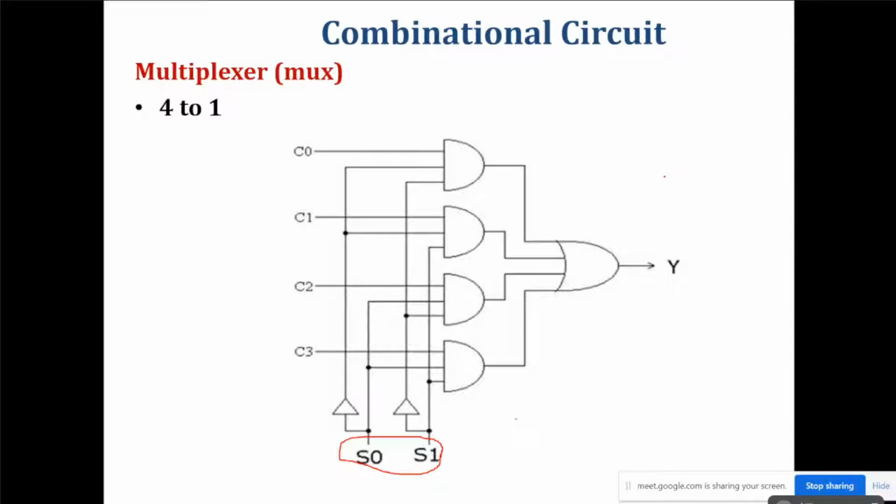The first is for S0 dash S1 dash, this one is for S0 dash S1, this one for S0 S1 dash, then this one for S0 S1.